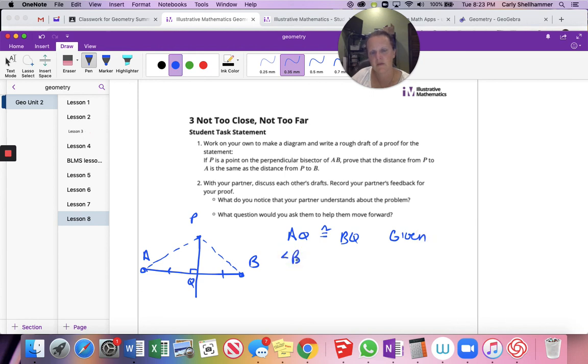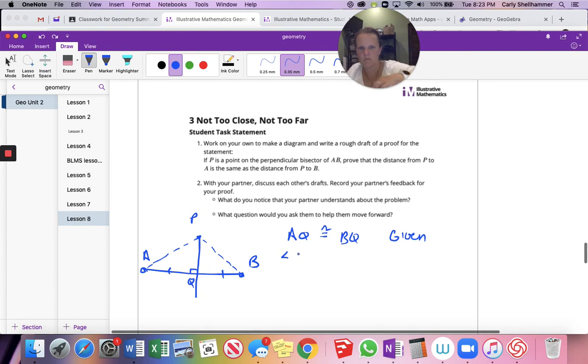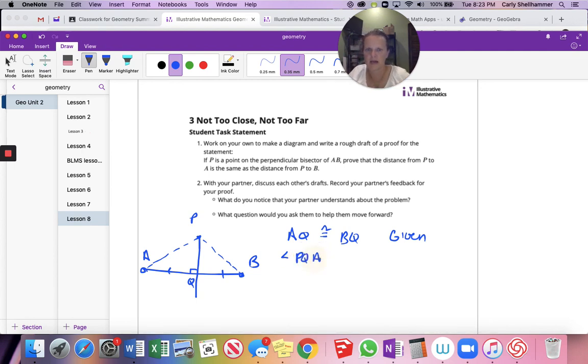Angle PQA is congruent to angle PQB because they're perpendicular, and then PQ is congruent to PQ because of the reflexive property. And we just did side, angle, side.